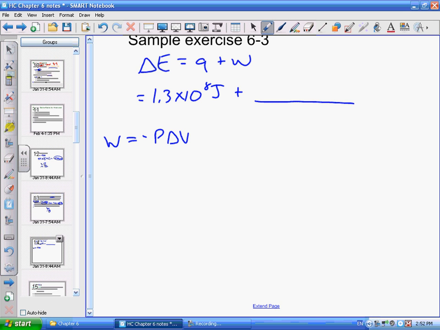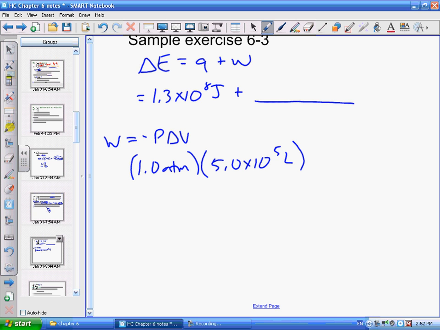So my negative pressure, in this case, the balloon is allowed to expand against a constant pressure of 1.0 atmospheres times delta V. Delta V is 4.5 times 10 to the 6 minus 4.0 times 10 to the 6th. That gives me an answer of 5.0 times 10 to the 5th liters.